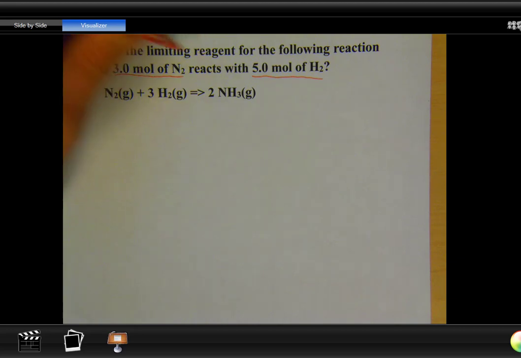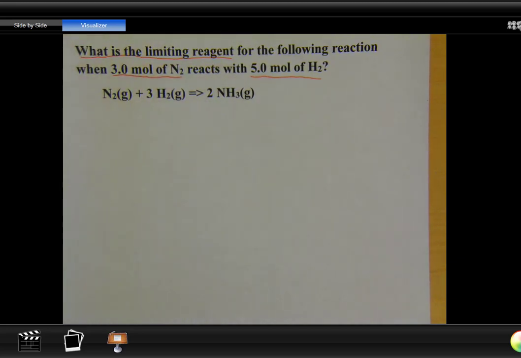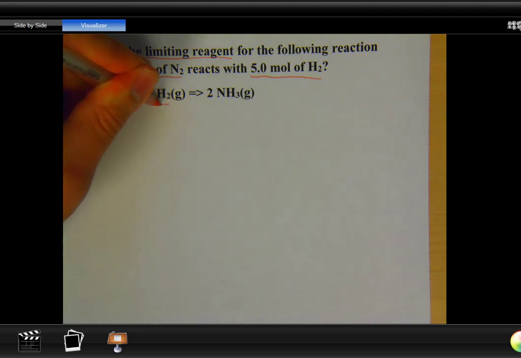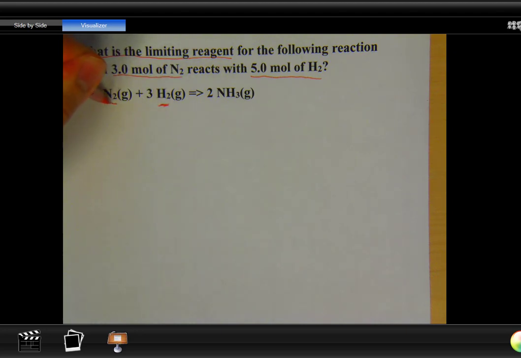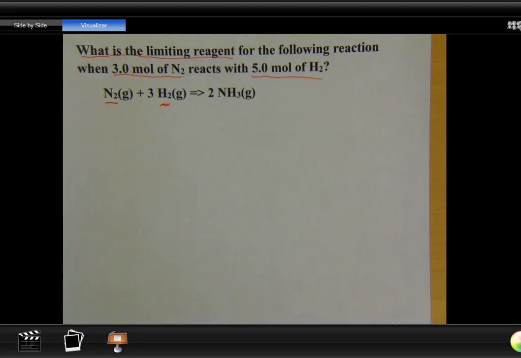It is asking for the identity of the limiting reagent. So this is definitely a limiting reagent question. Our clues are that it says specifically the words limiting reagent, and that you're given amounts of two different things, and both are reactants. If you're given amounts of two reactants, you're probably looking at a limiting reagent question.